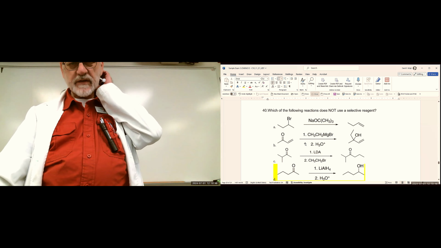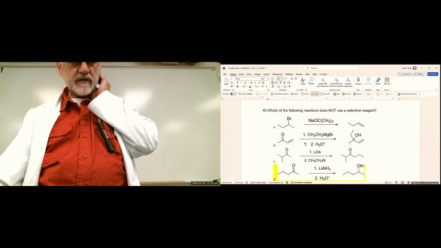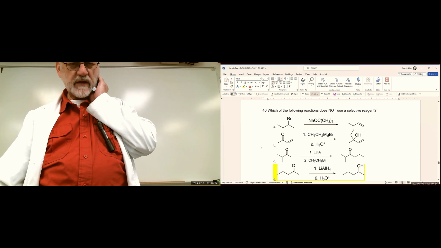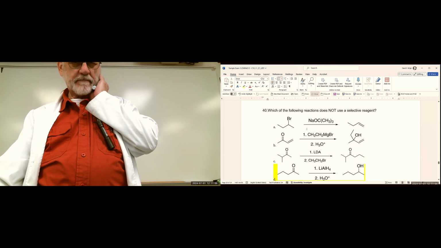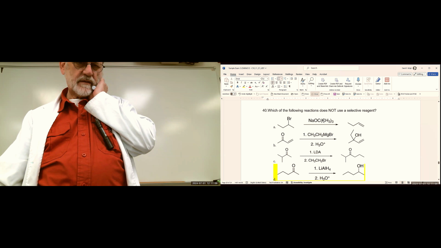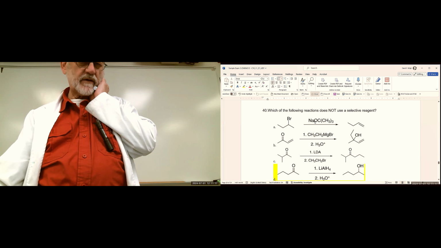Which of the following reactions does not use a selective reagent? This is number 40. That one could be trouble. Well, let's see. The tertiary butoxide in A. Are you looking at 40?